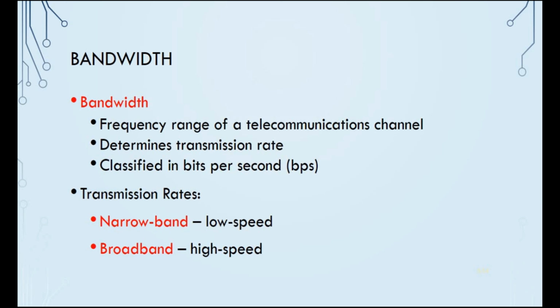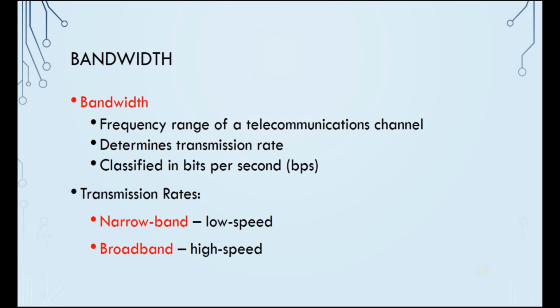Bandwidth. So the bandwidth is the frequency range of a telecommunication channel. It determines transmission rate and is classified in bits per second. The transmission rates are narrowband and broadband. The higher bandwidth enables a larger volume of data in bits per second to be transmitted than lower bandwidth.